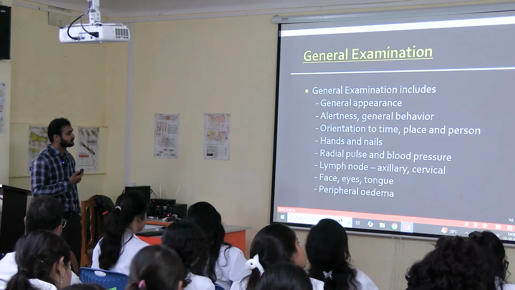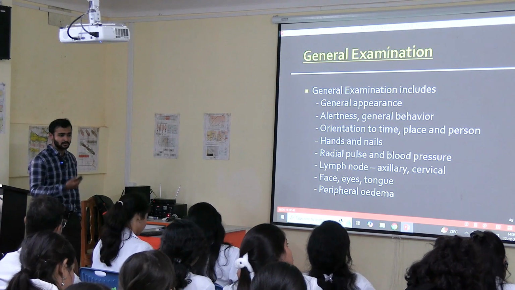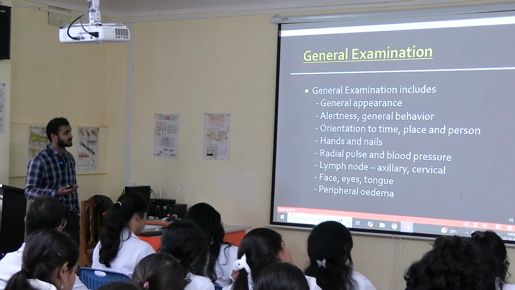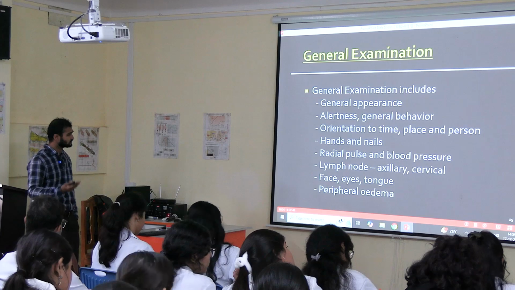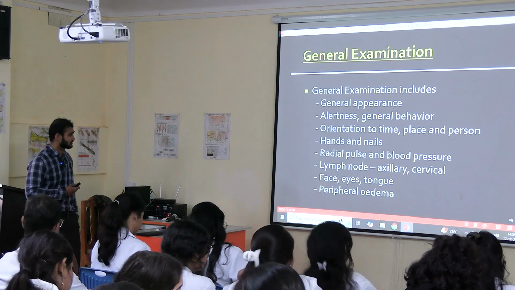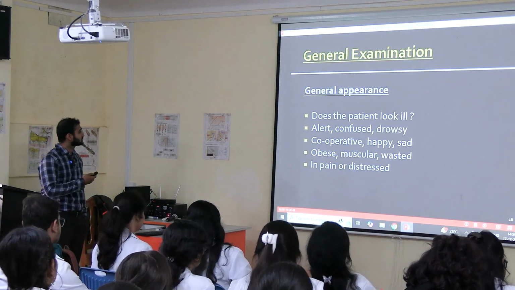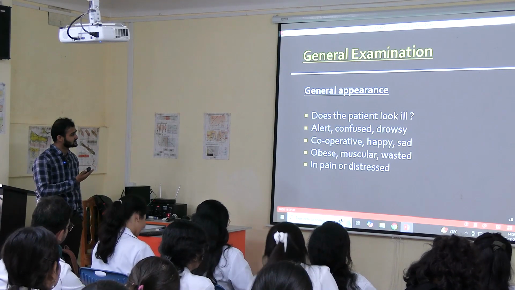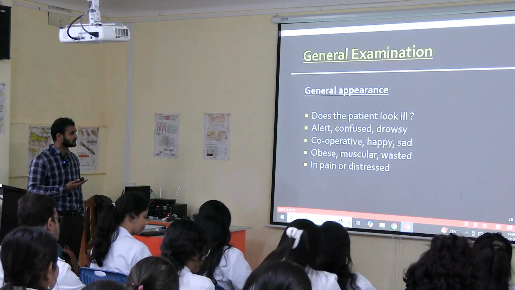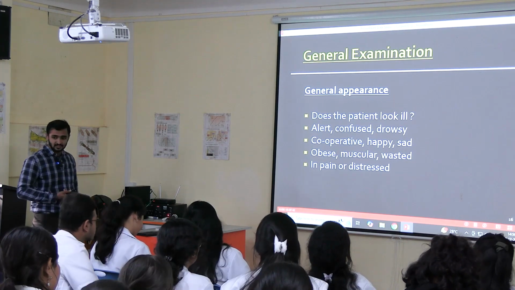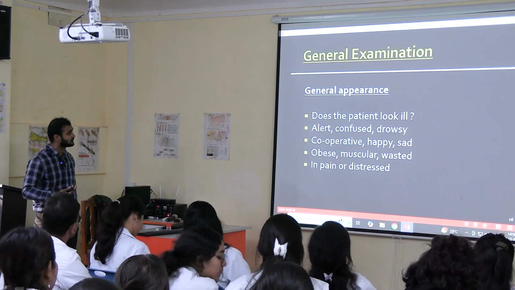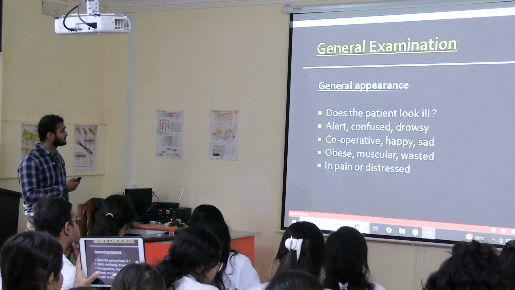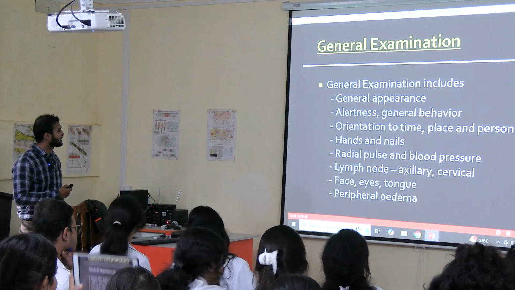So you have to ask him where are you right now, or what is the time, or the accompanying person with whom he has come, whether he can say this or not. Whether he is confused or drowsy, you have to see this, and whether the patient is obese or not, whether he has any wasting of muscles or not, whether he is thin build or not, whether he is in pain or distress. So you have to see all these things in general appearance.